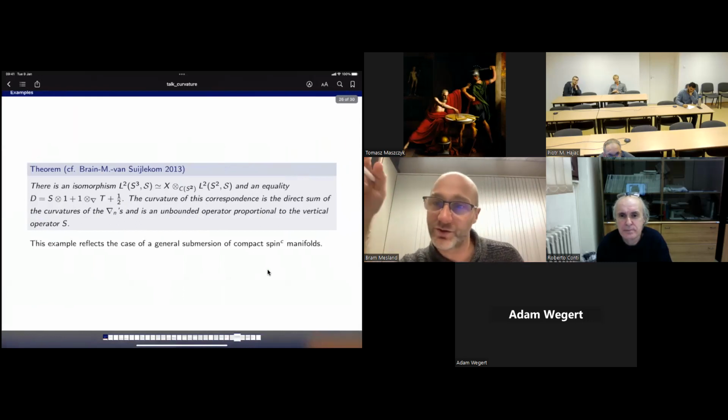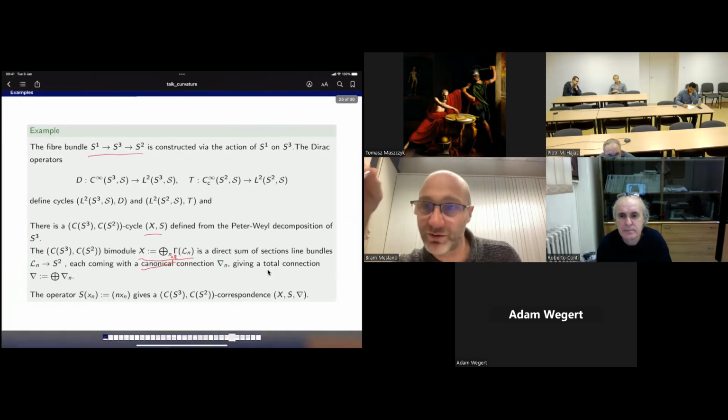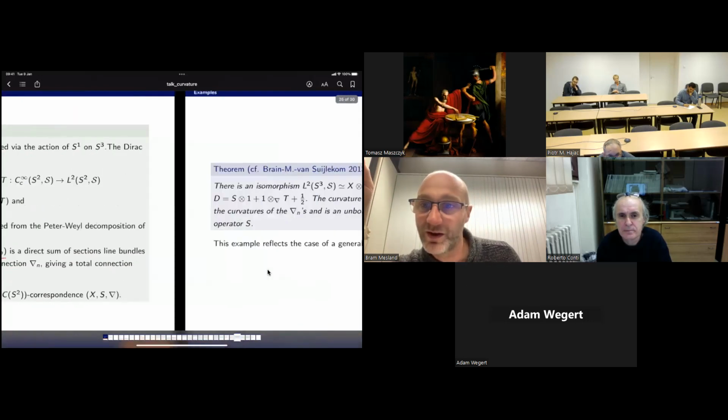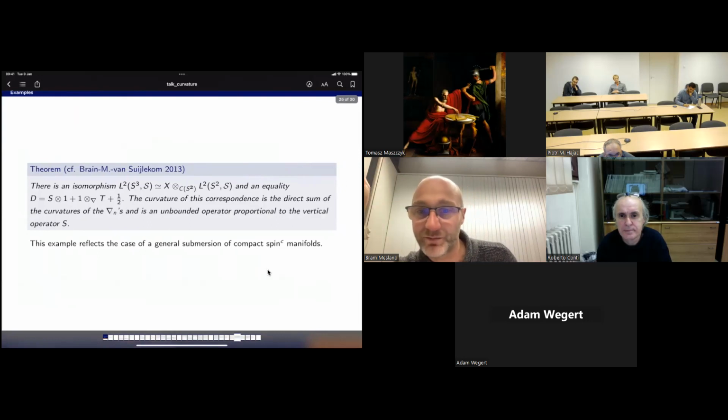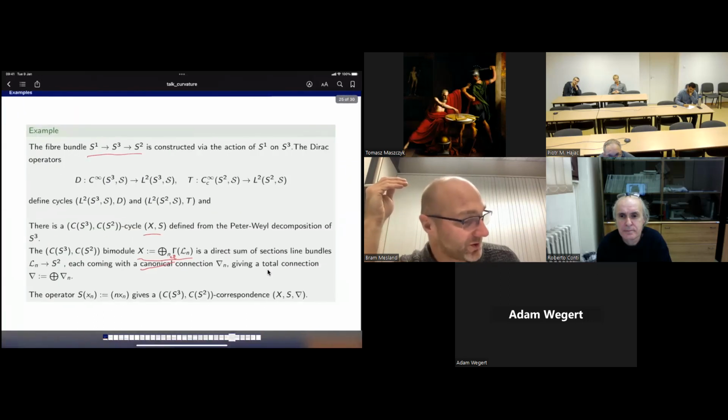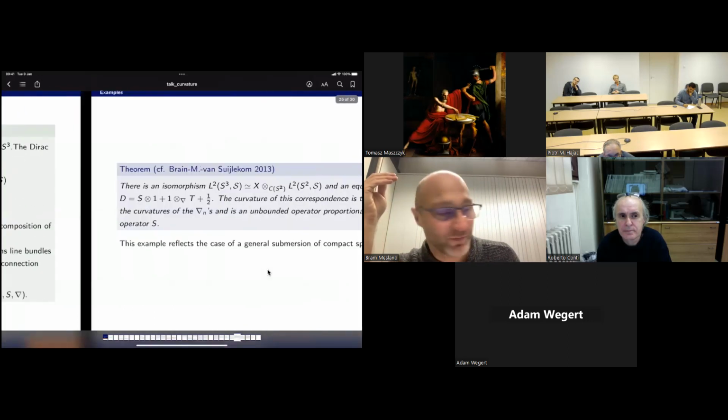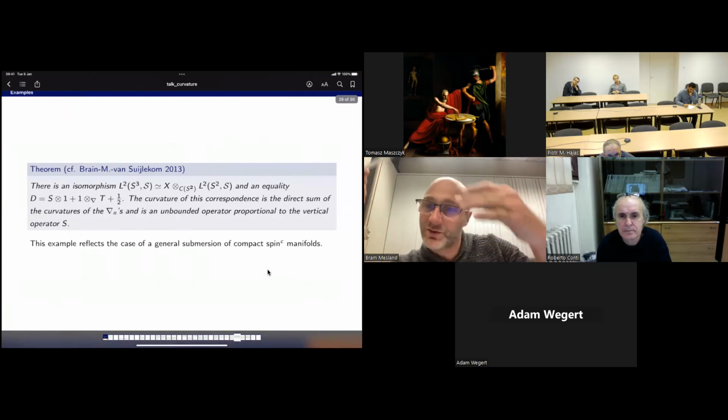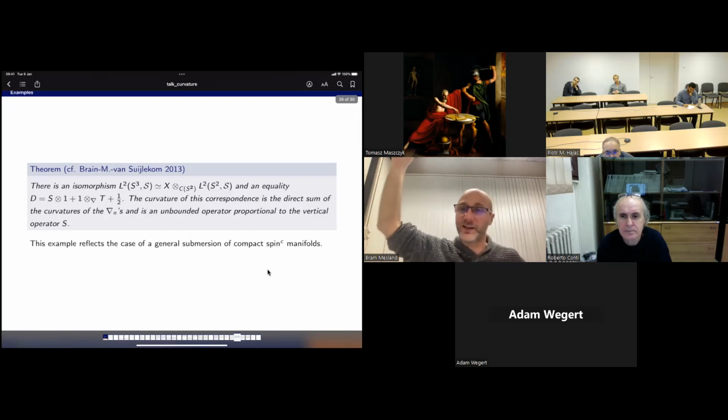The curvature on a finitely generated projective module, so on each of these line bundles, will be a bounded operator. But when I put them all together, this will be an unbounded operator proportional to this multiplication by n operator, because each of these curvatures reflects the Chern number, which is n, and this operator grows like that.